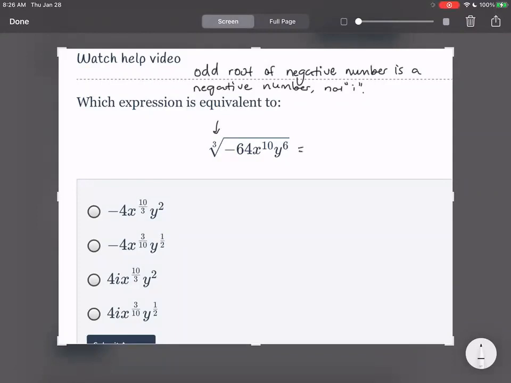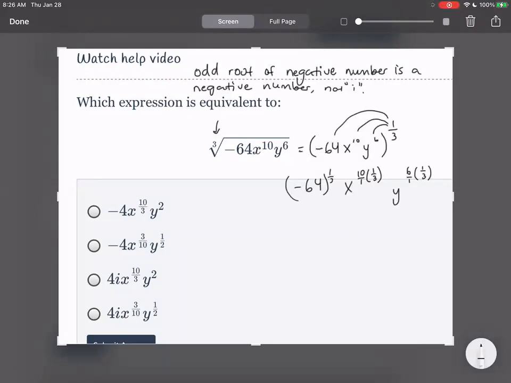So let's rewrite this, all inside the power of 1/3 because that's a cubic root. And then we're going to distribute. Okay, so negative 64 to the power of 1/3, x to the 10 over 1 technically to the power of 1/3, and then y to the power of 6 over 1 technically times 1/3.